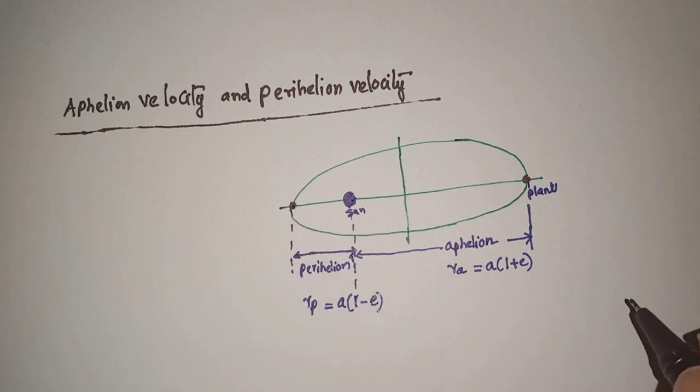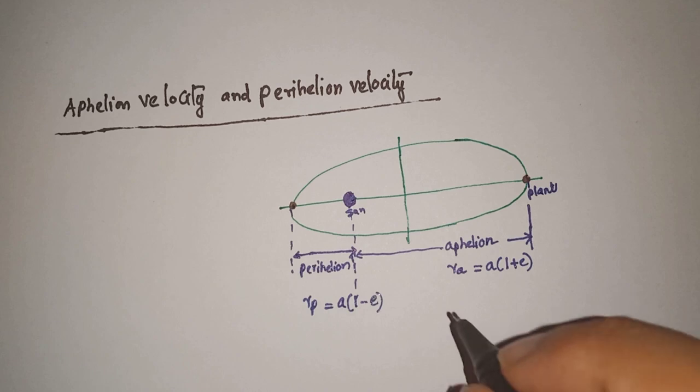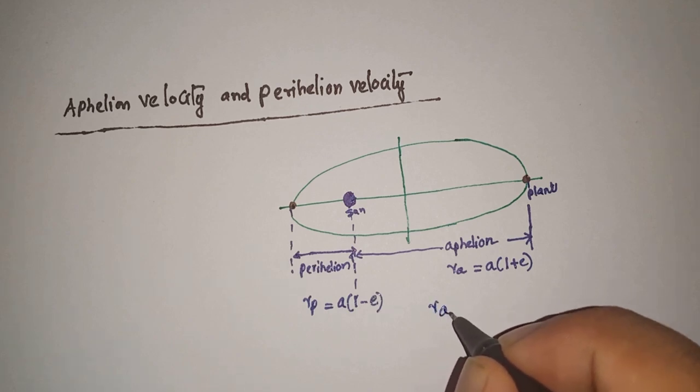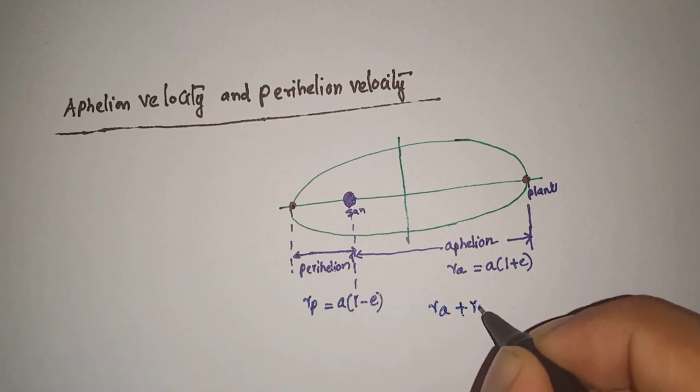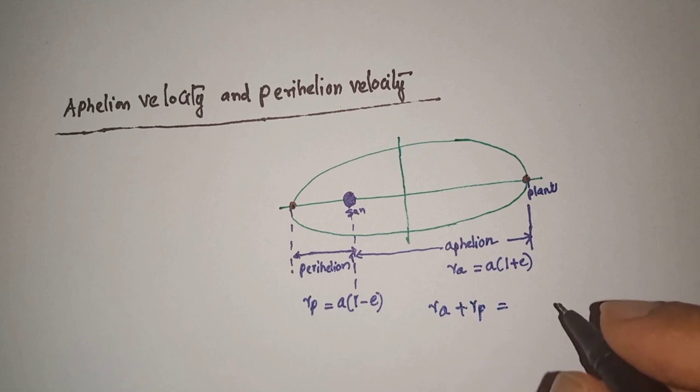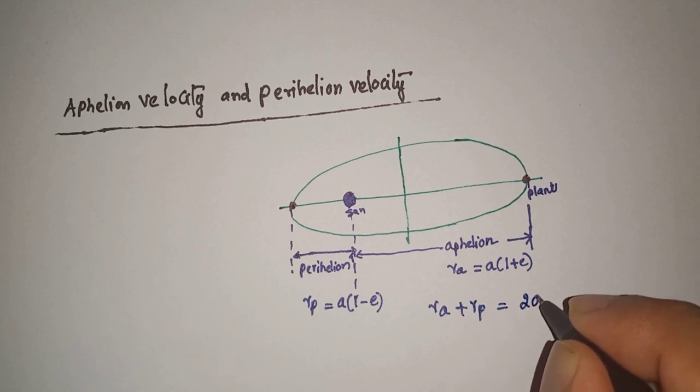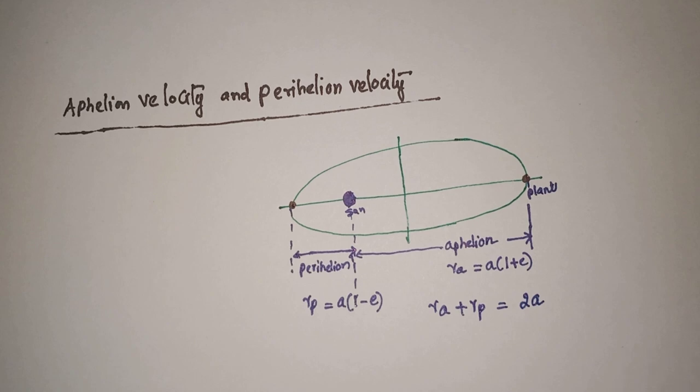That is why we have rp and ra. Now if you see here, you have your ra plus rp, which gives 2 into a. So this is nothing but the total major axis distance of the elliptical profile.